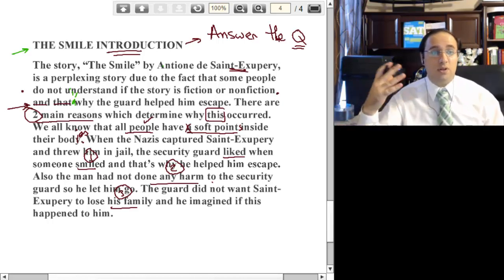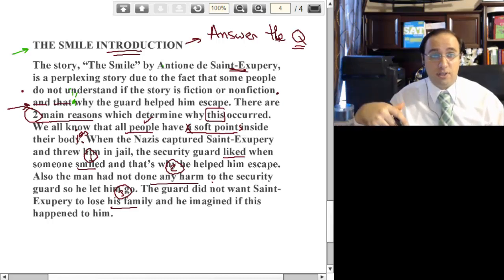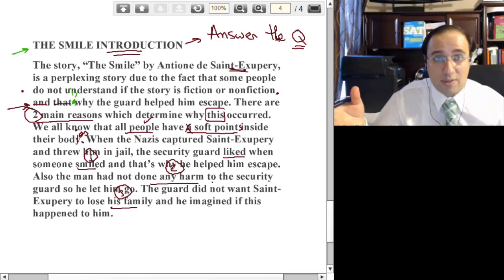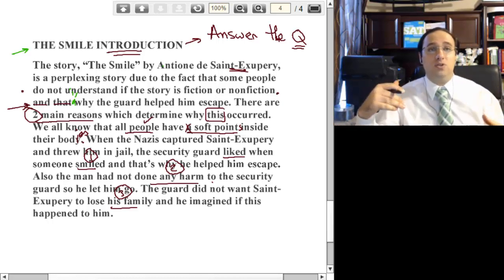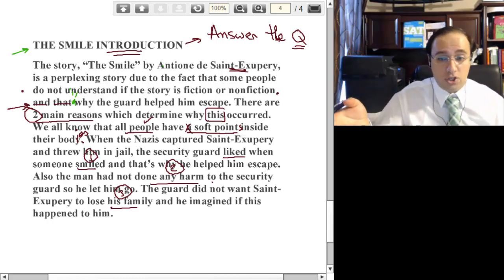So it's not about a summary of the story or why the guard helped Saint-Exupéry escape jail. That's not the question. Why did he help him escape? The question is, how did Saint-Exupéry's view of people change?